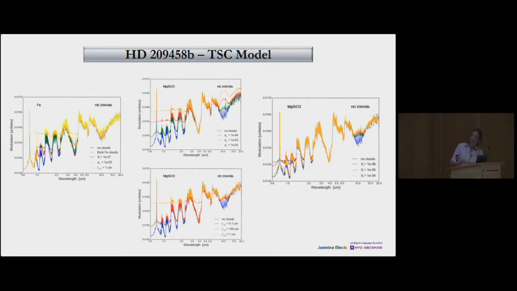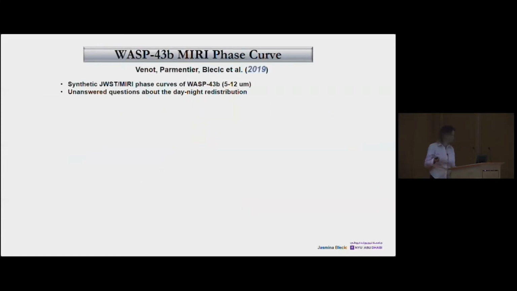As you can see here, iron clouds affect the spectra more in the short wavelengths, while for the enstatite clouds, we can see the appearance and disappearance of the silicate feature, which is the most pronounced feature for the silicate clouds. Just based on this simple exercise, we can distinguish between the enstatite and iron clouds in exoplanetary atmospheres.